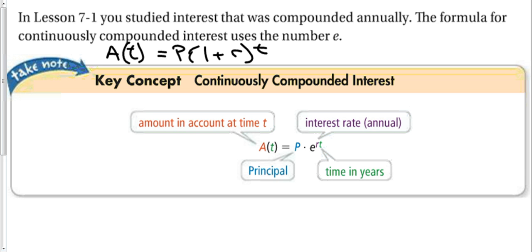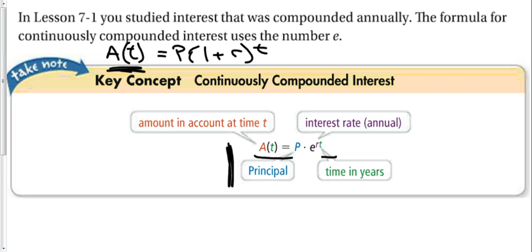Okay? That function is used for interest that's calculated annually. This function is used for interest that's compounded continuously. Very big difference. This one, annual interest. This one, continuous interest. And notice that inside the continuous interest function is the letter e.